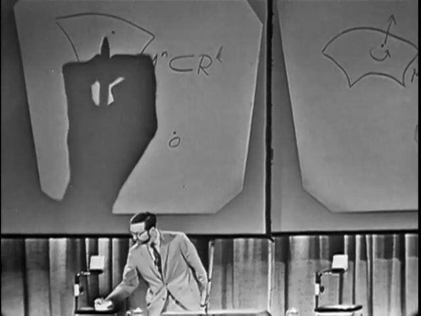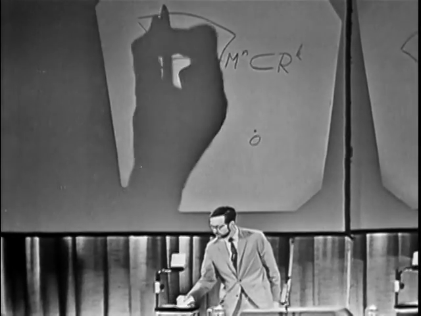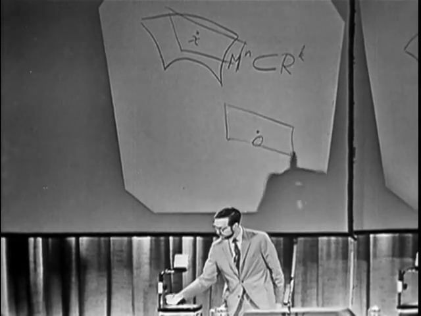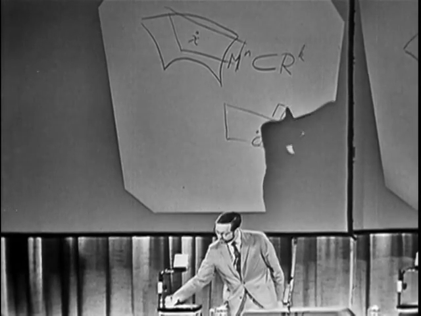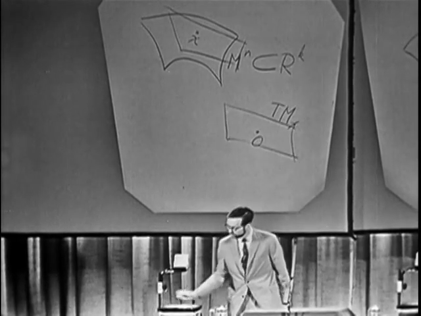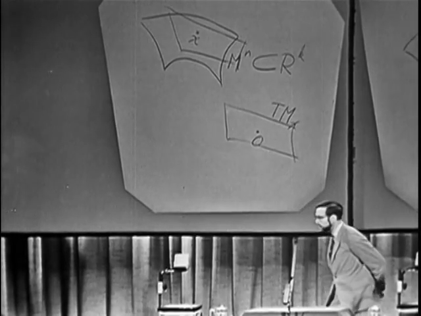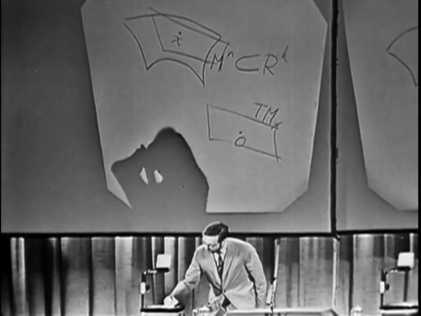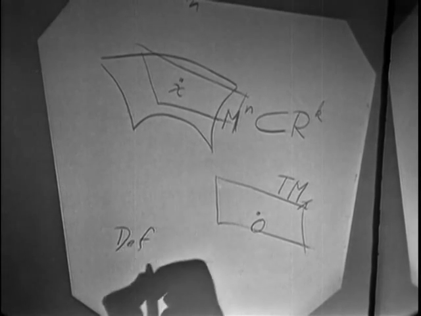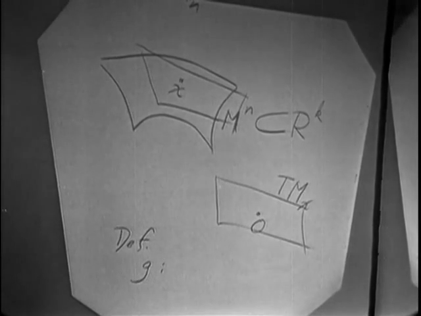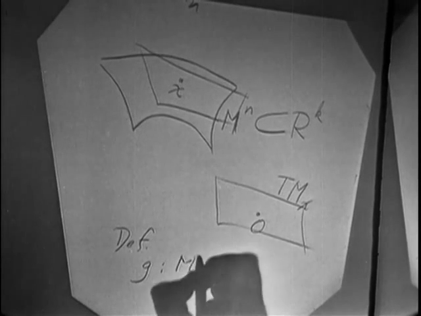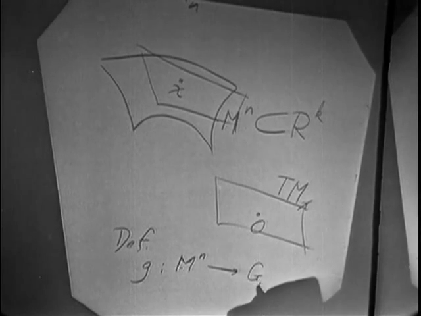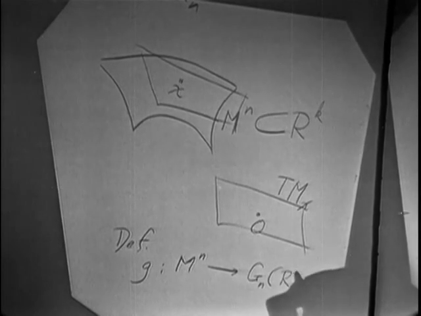That is, to each point x, we associate the plane which best approximates M at x, translated so as to pass through the origin. By definition, this plane is called the tangent space of M at x. And I want to think of this as a point in the Grassmann manifold. So in other words, I define the generalized Gauss map G carrying M of dimension n into the Grassmann manifold of n-planes in k space.